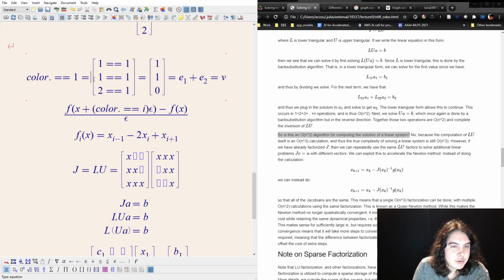So you can make the building of a really large Jacobian cheap if it's sparse by doing sparse coloring and sparse differentiation. But even sparse LU computations are pretty expensive. So this generally is the most costly part of stiff ODE solvers, just computing LU.